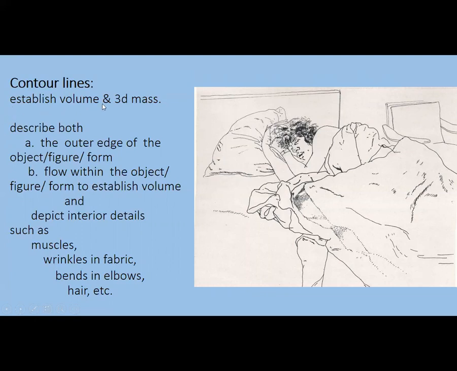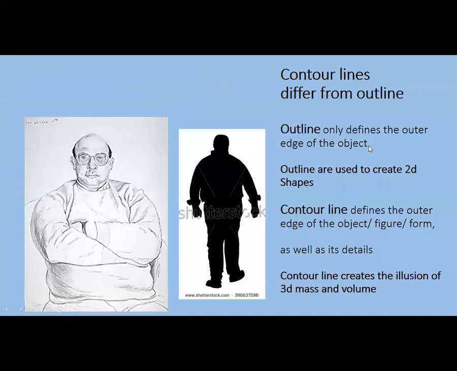Contour lines establish volume and 3D mass. They describe both the outer edge of the object, figure, and form, and I'm stressing and to distinguish them from outlines, they flow within the object or figure or form to establish volume and depict interior details such as wrinkles and muscles and hair, bends and elbows, etc.